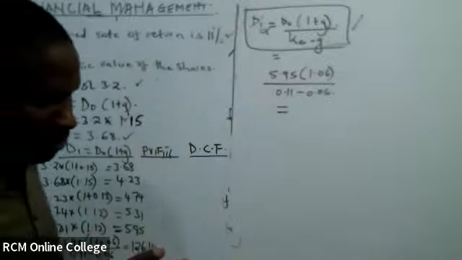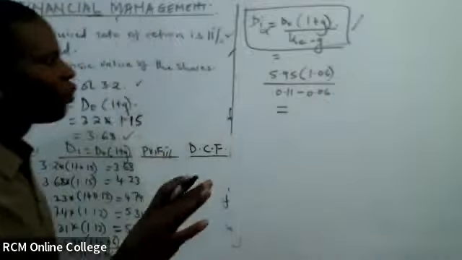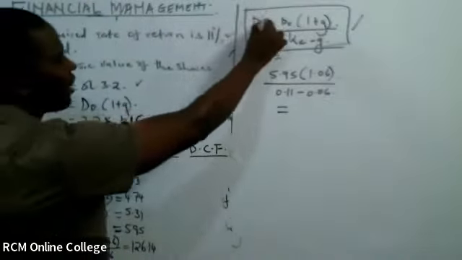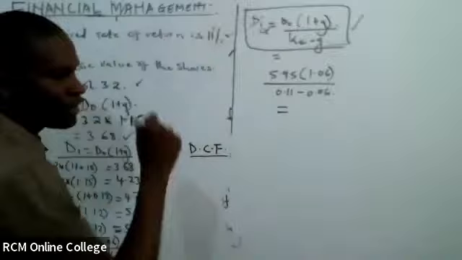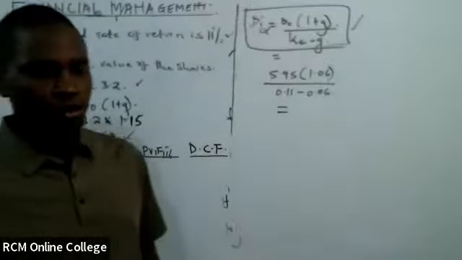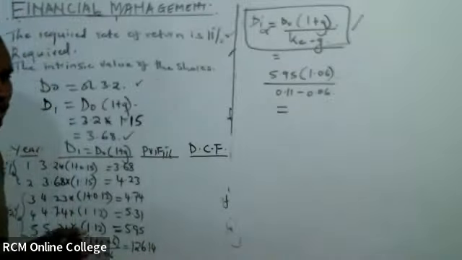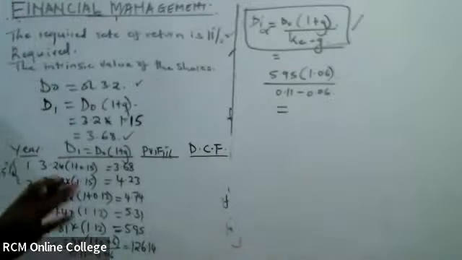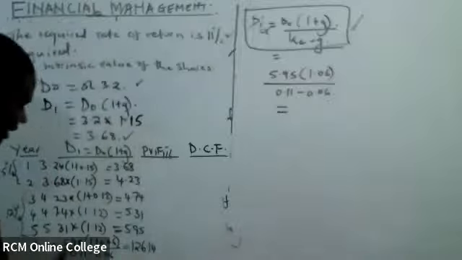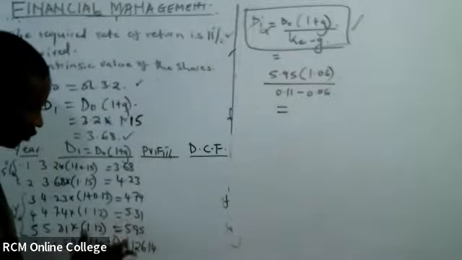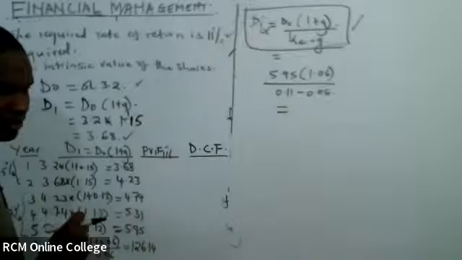What I want you to confirm is whether you have realized that when we are looking at the D1 for infinity, the formula is a bit special. Have you realized that? The formula is a bit unique. Kindly. So that means you need to think a little bit.